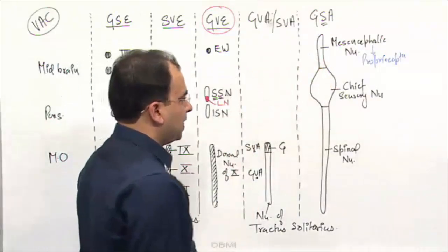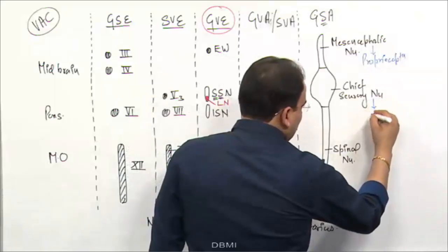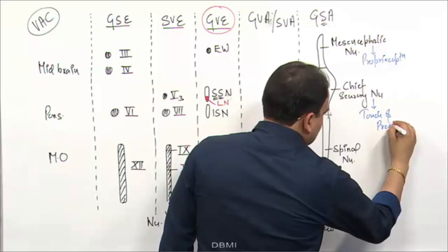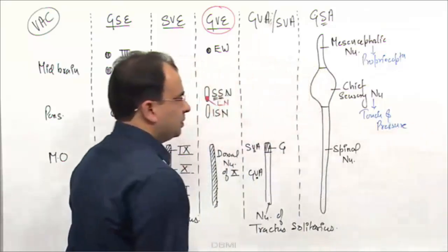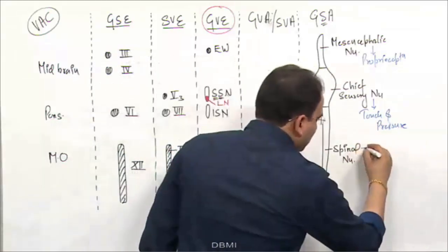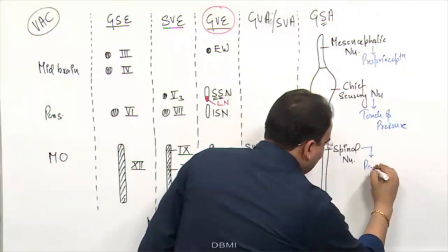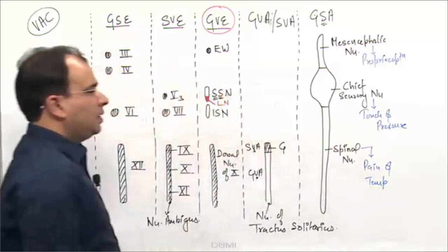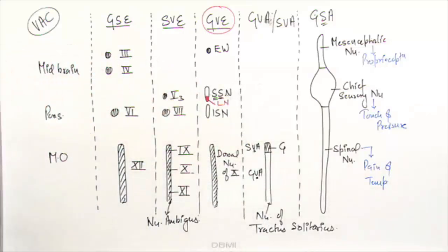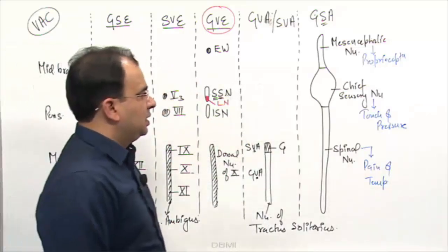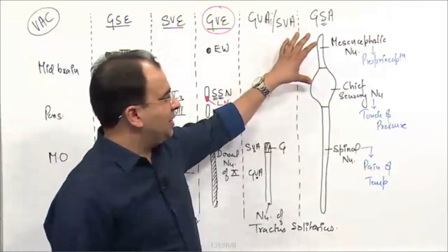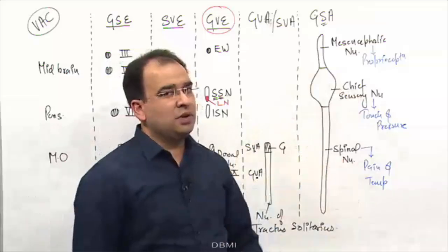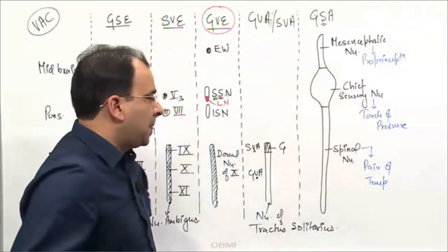Chief sensory nucleus is for touch and pressure, and spinal nucleus is mainly for pain and temperature. Proprioception into the mesencephalic nucleus, chief sensory nucleus for touch and pressure, and spinal nucleus for pain and temperature.